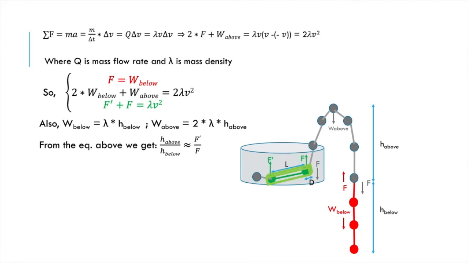So here is the second equation: 2 times W below plus W above is equal to 2 lambda V squared. And for the green part, we get another equation: F1 plus F is equal to lambda V squared. If we ignore the curve here, we can combine these three equations and get h above over h below is equal to F1 over F.